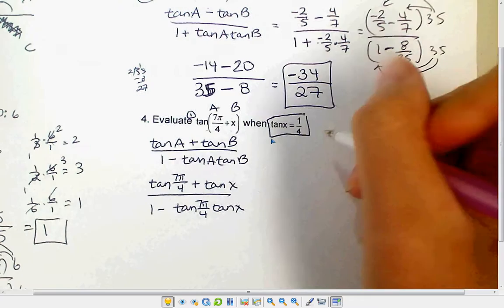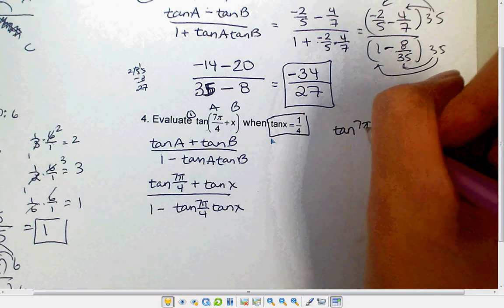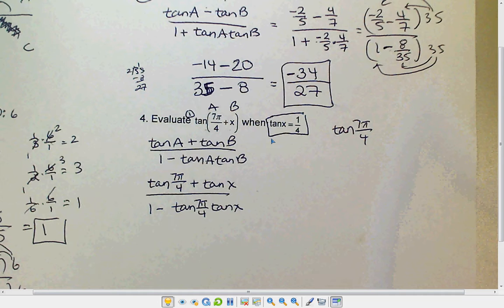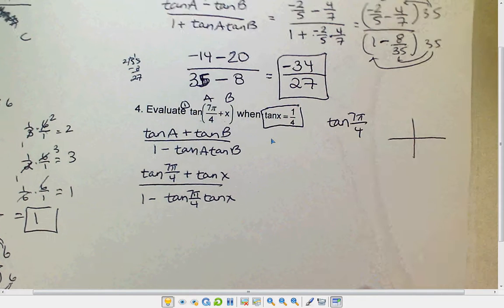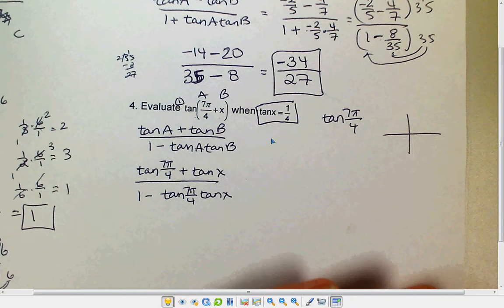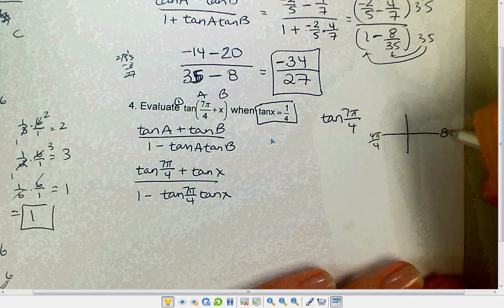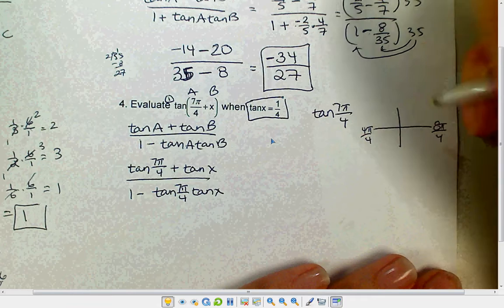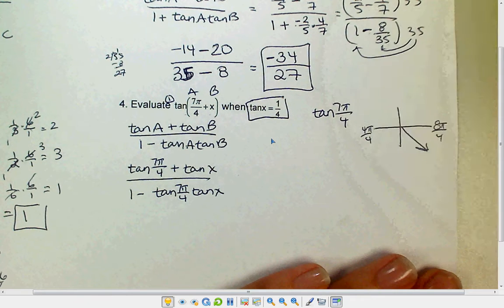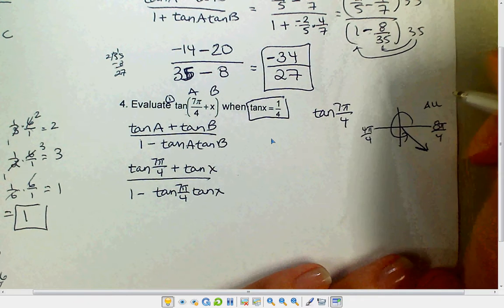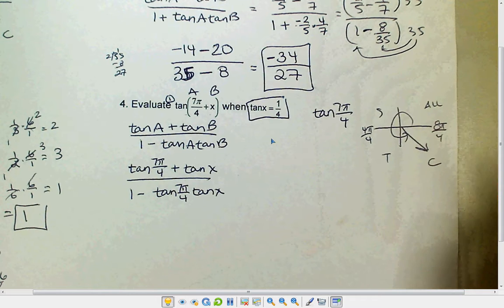The other thing we need to know here is what tangent of 7 pi over 4 is. And we can figure this out by drawing this and using our chart. So if this is pi, which is 4 pi over 4, then this is 8 pi over 4. So 7 pi over 4 has to be in the 4th quadrant. All students take classes in this quadrant.